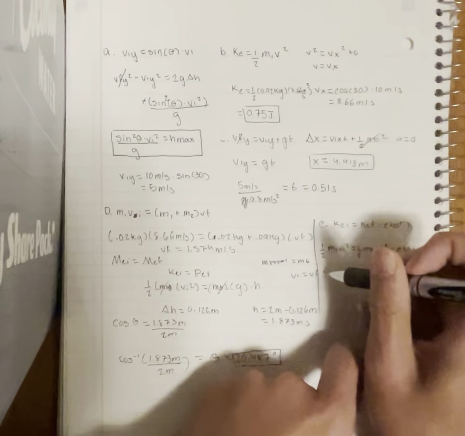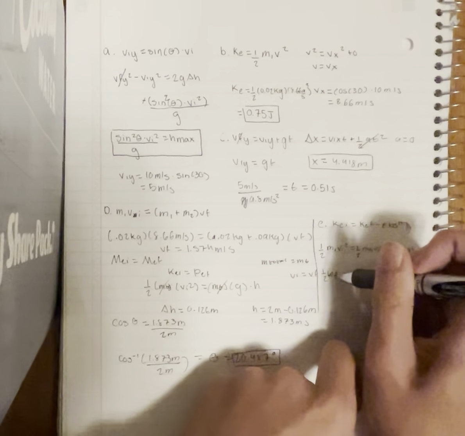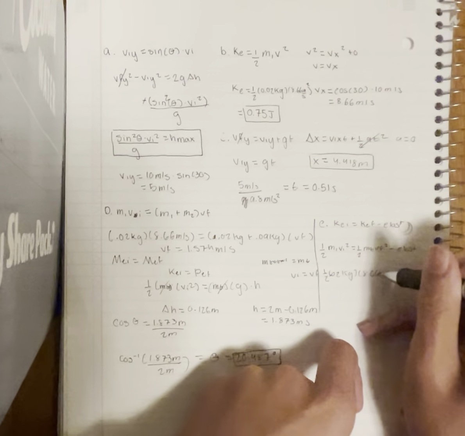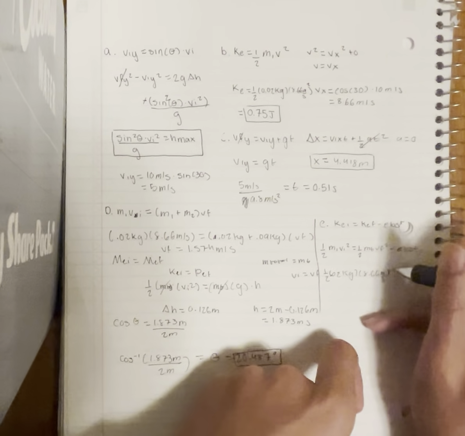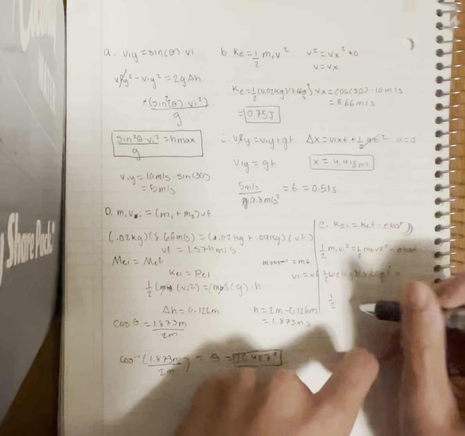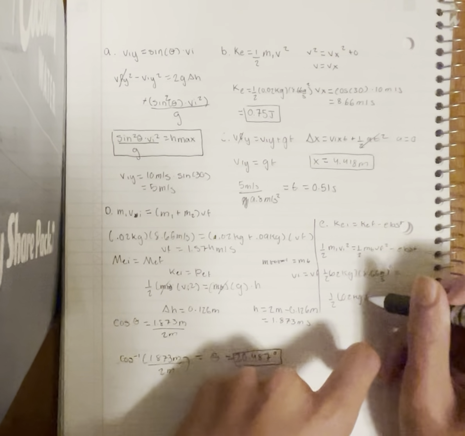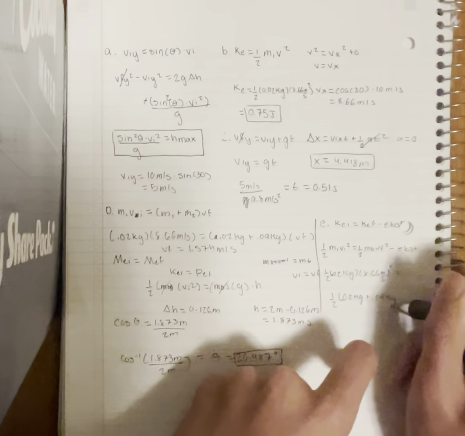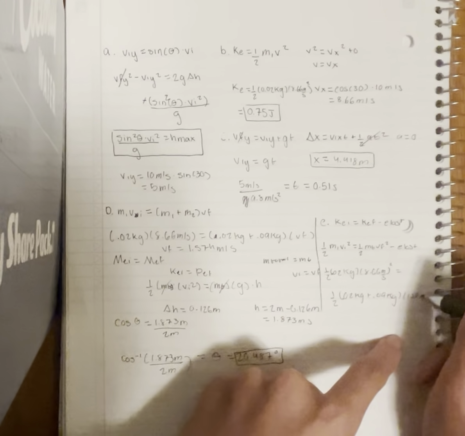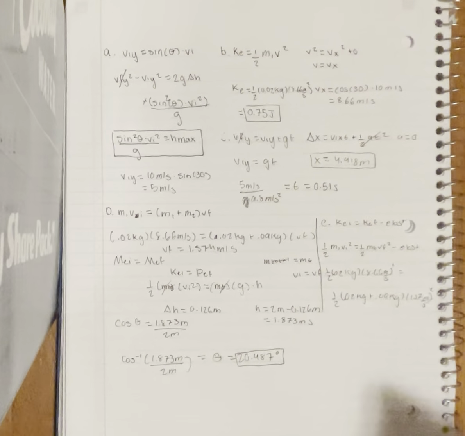And then 1/2 times 0.02 kilograms times 8.66 meters per second squared, the 8.66 is equal to 1/2 times 0.02 kilograms plus 0.09 kilograms, times 1.57 meters per second squared minus E lost.